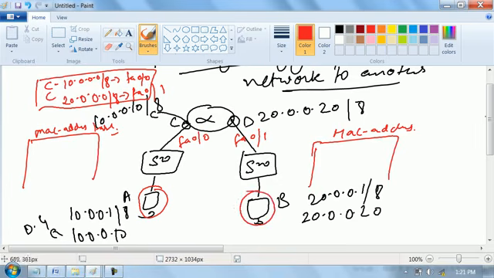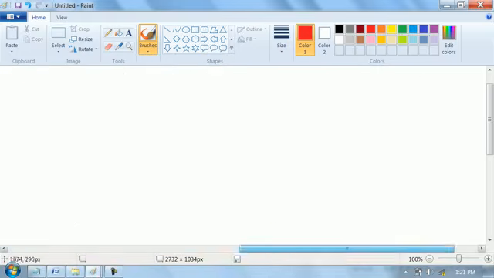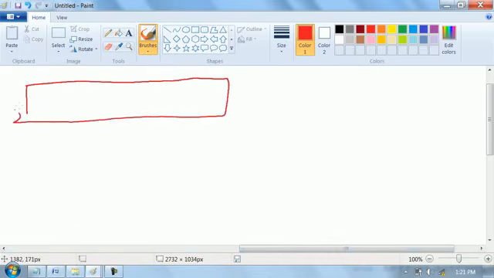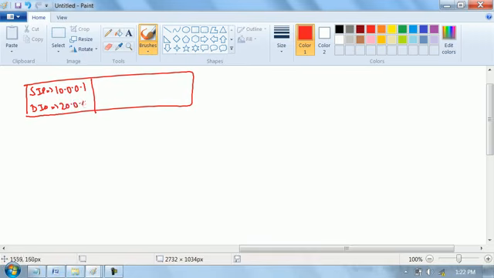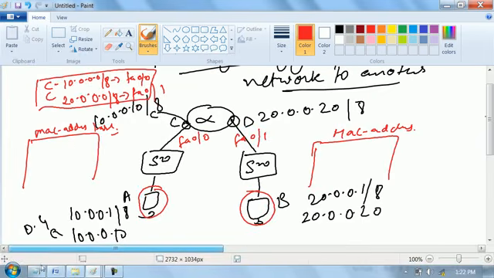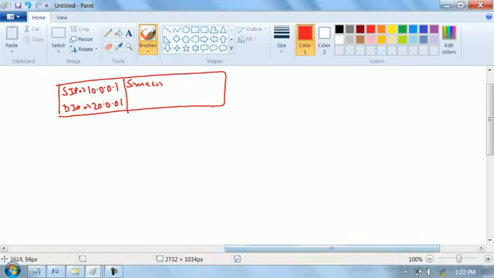Source IP is, destination IP is, source MAC is A.